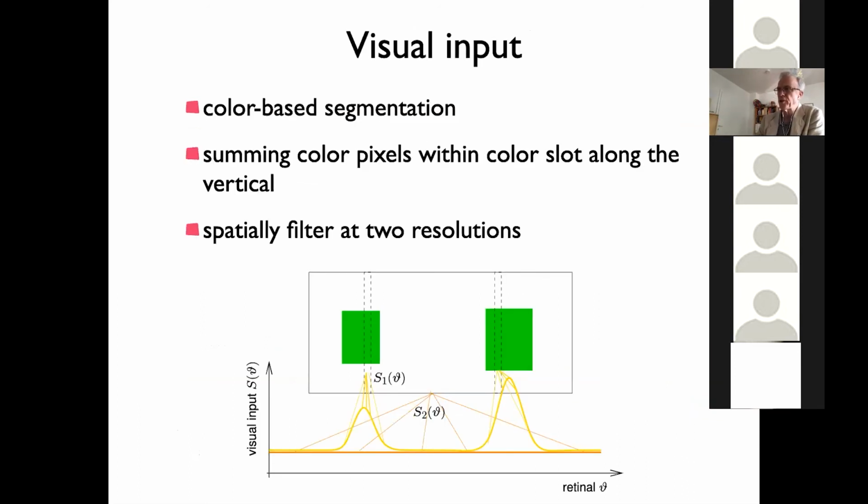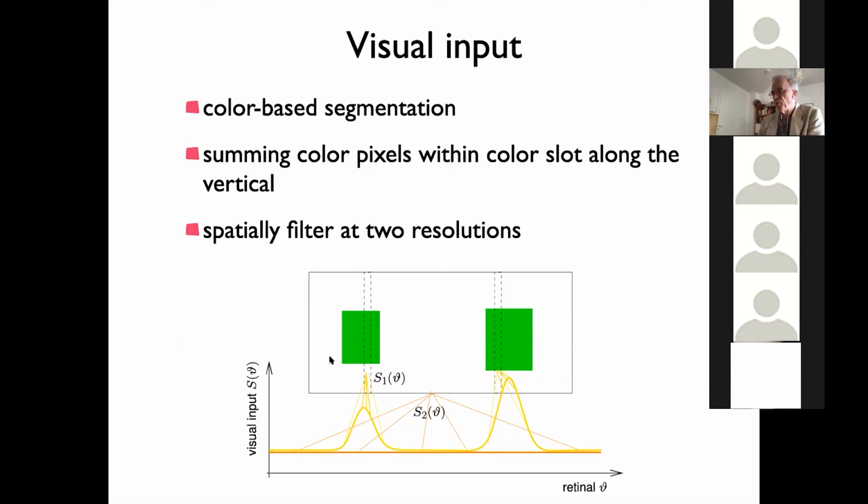The sensory information just came from this camera. We only need the angle, so one dimension along the camera, and we use the vertical dimension to find out about the size of objects. So we just summed along the vertical to compute the amplitude of a contribution. We filtered the camera image in terms of color space, so only pixels that were in a particular color slot in a hue were counted.